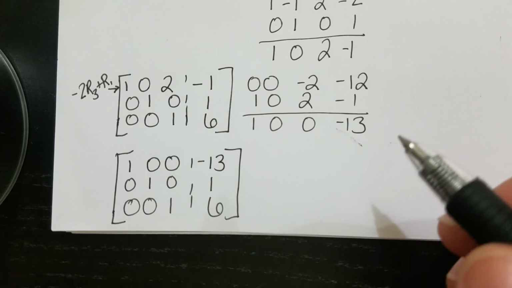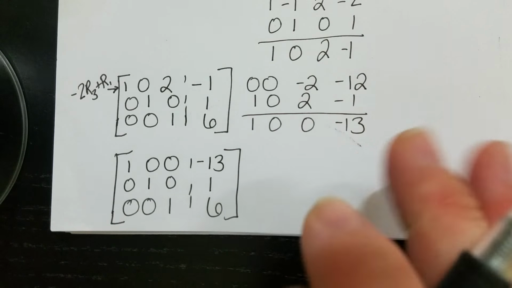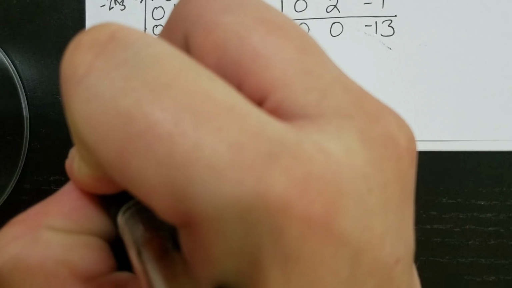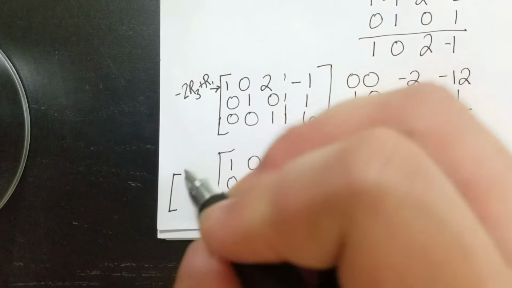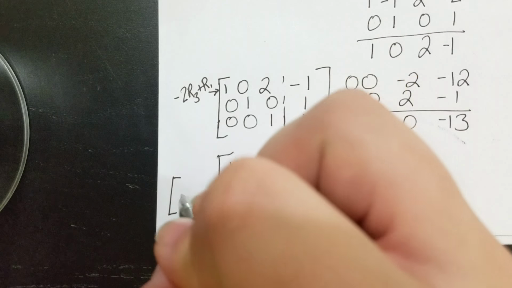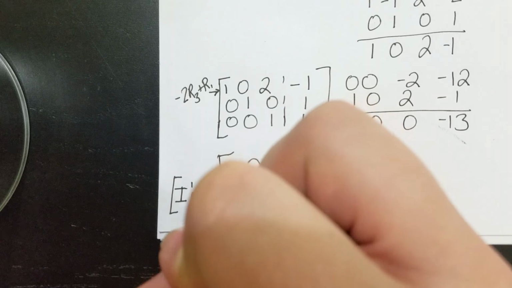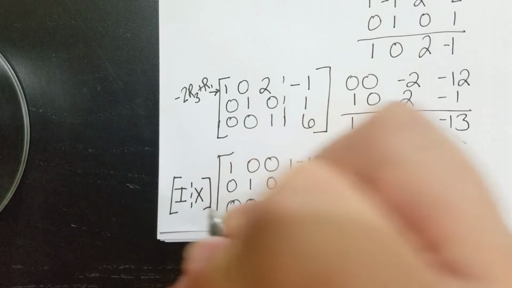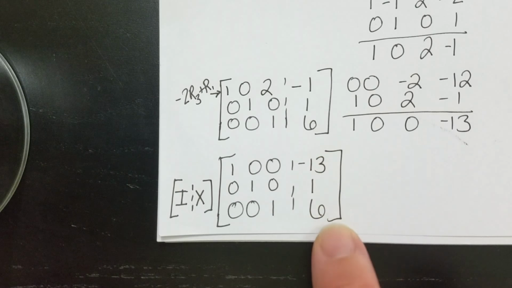So if you want to look at it, before we said we had our A and our B. Now you'll notice this one is the identity matrix and this one is the X. So what that means is that X equals these things.